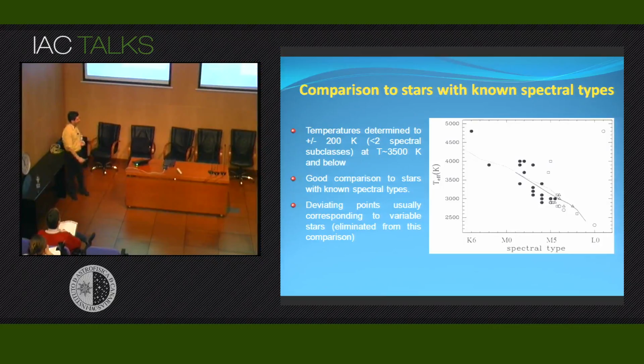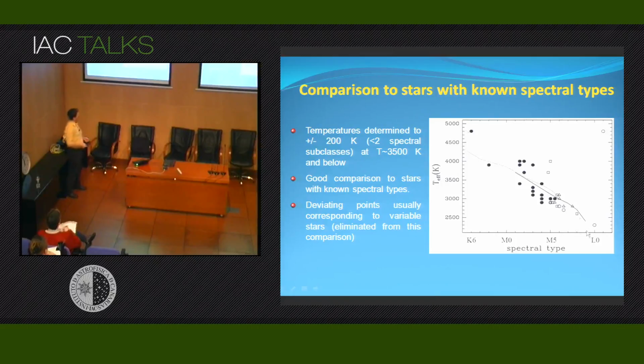Here you have different data points that correspond to spectral types coming from different studies in the literature. The dotted line and the solid line correspond to spectral type versus temperature calibrations carried out by other authors. And we see that things generally fit. So the objects for which we determine the temperature, on the vertical axis, have known spectral types that correspond to the temperature that we infer.